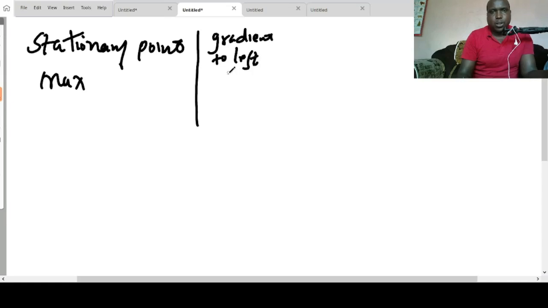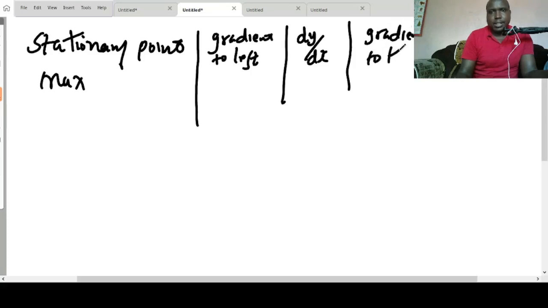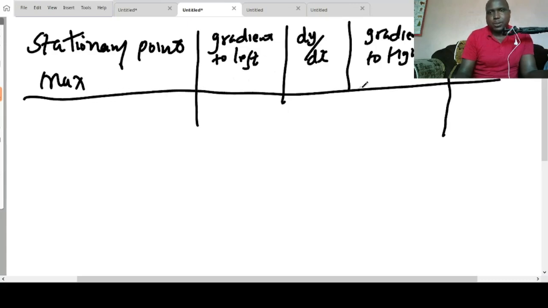We are going to talk about this, and then gradient at the stationary point, that is dy over dx, then at the positive, so gradient to the right, and then the nature of the point. So there is a table here I'm going to draw.